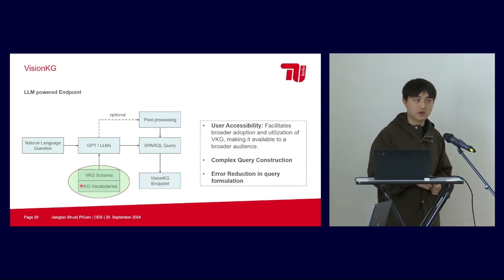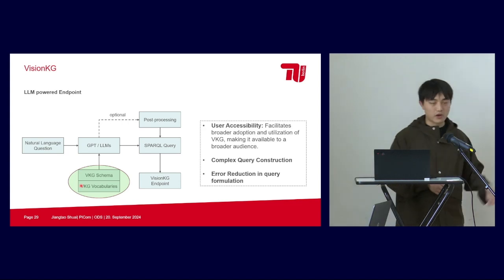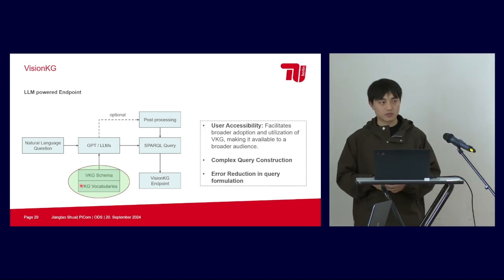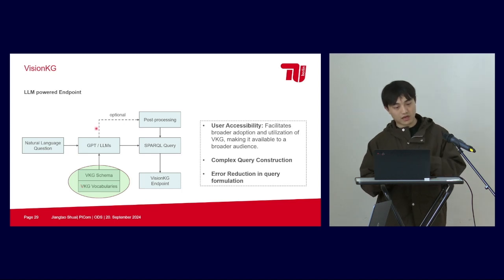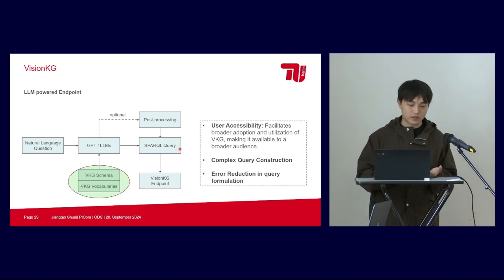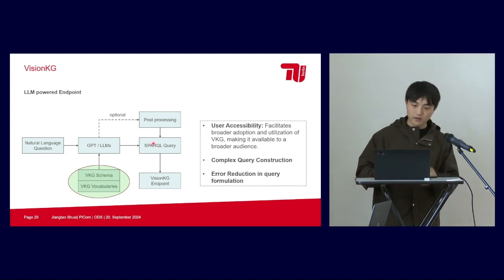These schema and vocabularies are used to train the GPT or LLM model for our use case. And then after this training, we can finally generate the correct SPARQL query for the data query to get the required images.